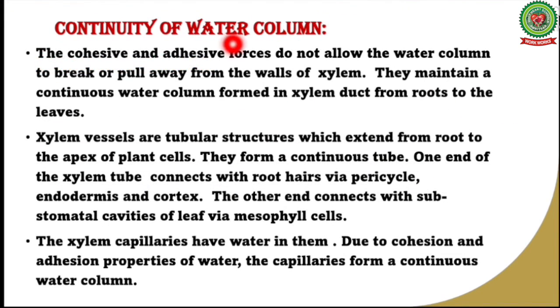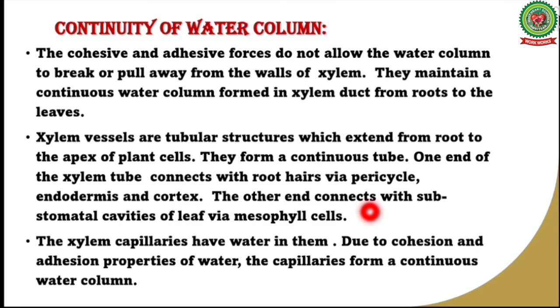Next is continuity of water column. The cohesive and adhesive forces do not allow the water column to break or pull away from the walls of xylem. They maintain a continuous water column formed in the xylem duct from roots to the leaves. Xylem vessels are tubular structures which extend from roots to the apex of the plant. They form a continuous tube. One end of the xylem tube connects with the root hairs via pericycle, endodermis and cortex.